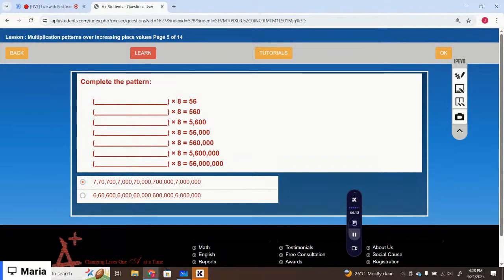Then 8 times 700 is 5,600. Then 8 times 7,000 is 56,000. Option number 1 is the correct option.